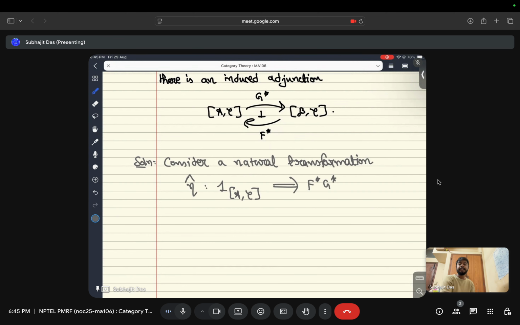This will be our unit, right? F upper star is the right adjoint, G upper star is the left adjoint. So the unit of our adjunction should be in this direction, from the identity functor on the domain of the left adjoint to F star G upper star.